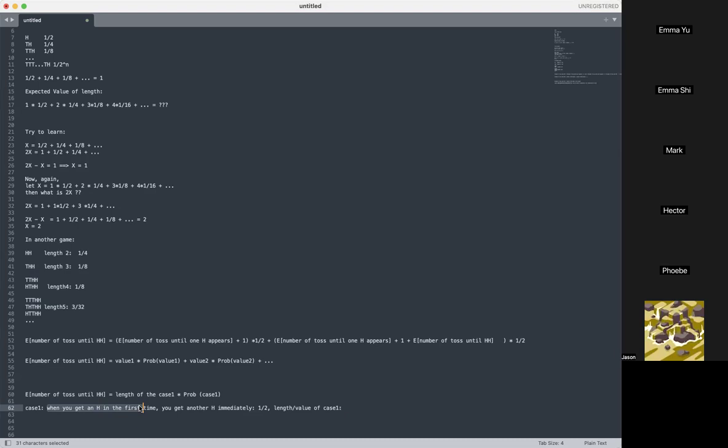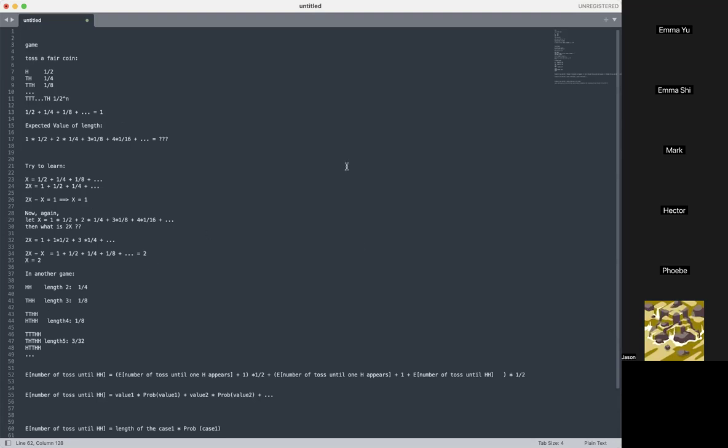So that is the expected value, the expected number of tosses. You toss a lot of times and you get the average of that, right? It's the expected number of tosses until a first H appears, right?